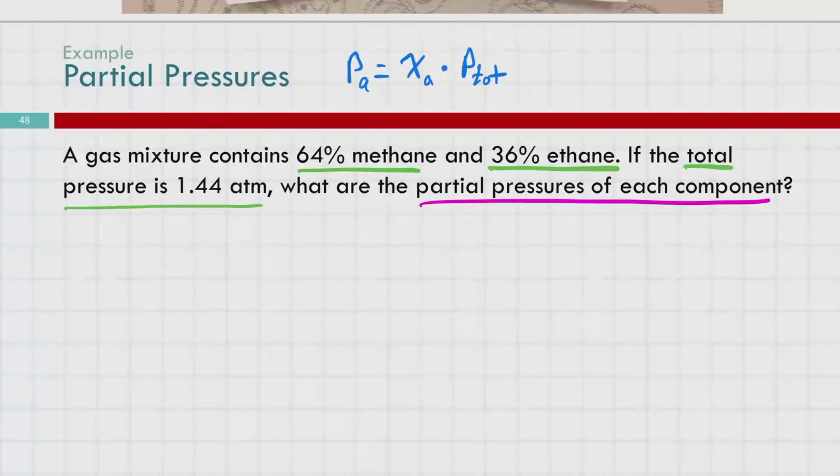And you can rearrange this to your heart's content if you're solving for total pressure or fractional composition, what have you. So we're looking for partial pressures of each of our components, methane and ethane. I'm going to shorten methane to me and ethane to et.